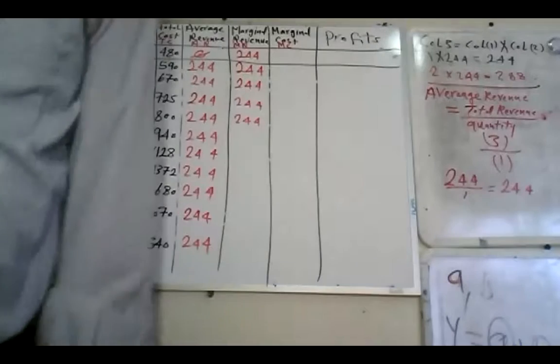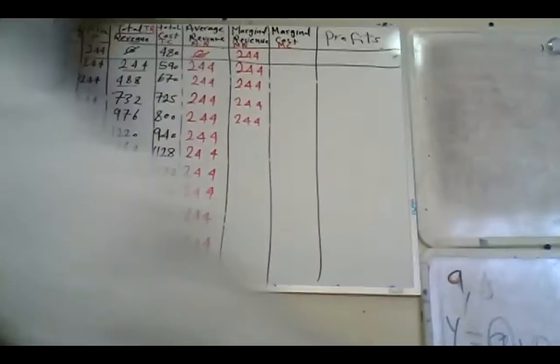Then you can understand it, because we said before that the marginal revenue will be the difference in the total revenue, because we add one more production unit, or we sold one more unit.